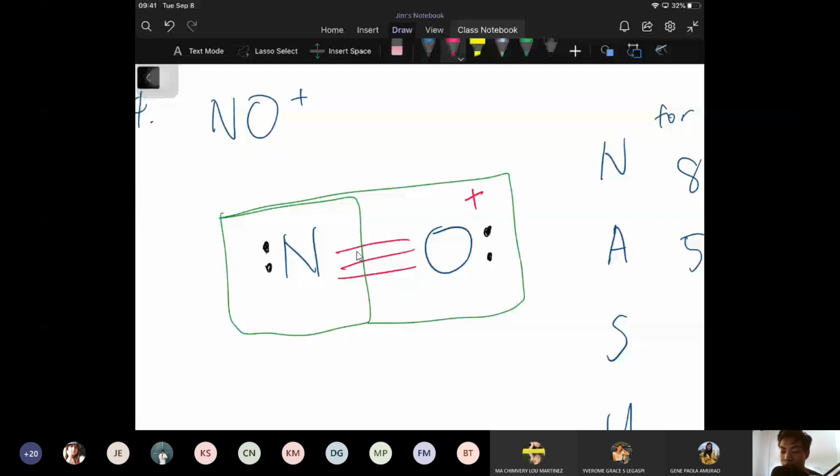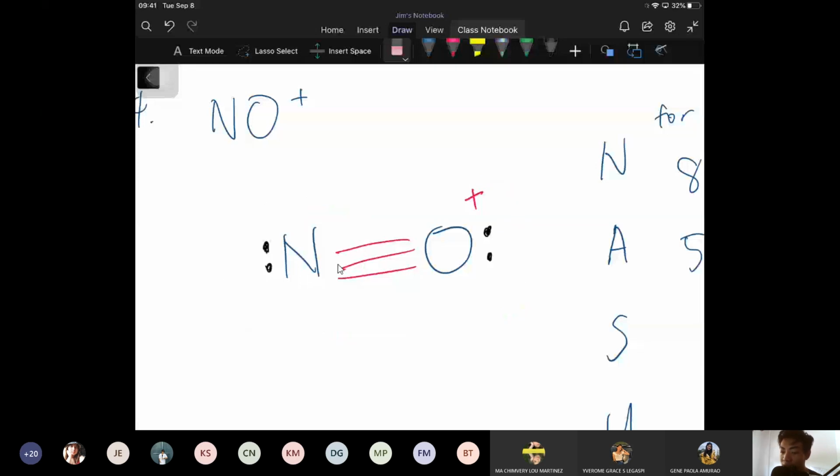Sir, di ba violation yan ng guidelines? Ito yung nangyayari. If wala nang choice, wala na talagang choice. If your molecule has no other possible structure, edi no choice siya, positive siya. So, ganun yung nangyayari.